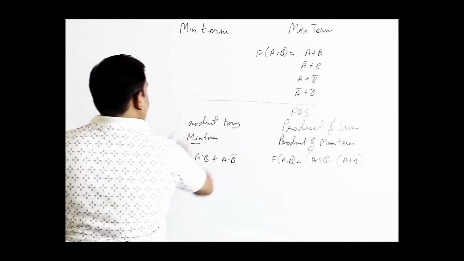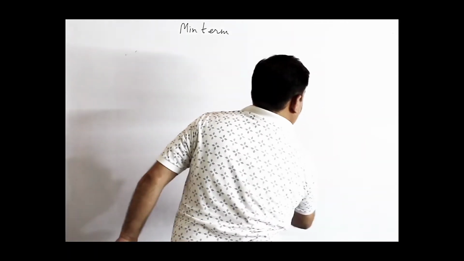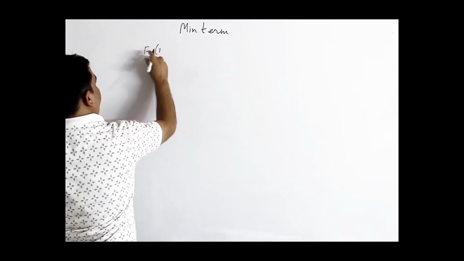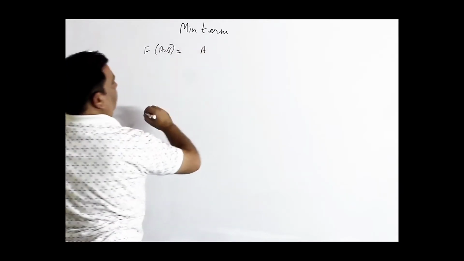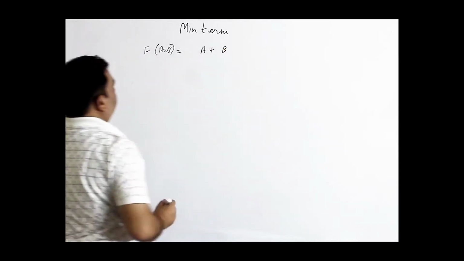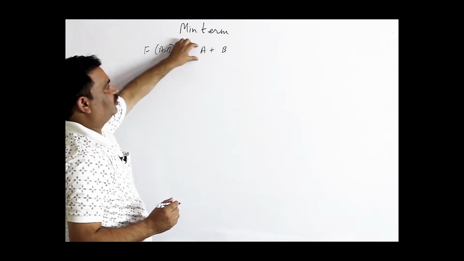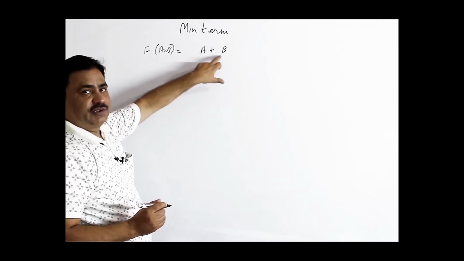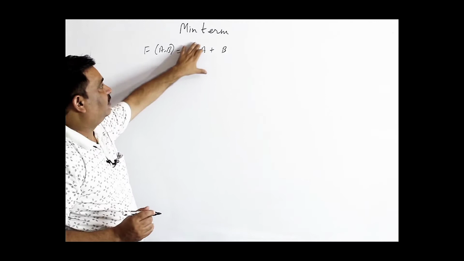Try to understand how we can convert one simple expression into min terms. If function a b has the expression a plus b, we have two terms a and b, with a plus between them. This is a sum, but these are not min terms here, because a min term contains all the literals with or without complement, and here it is only a.